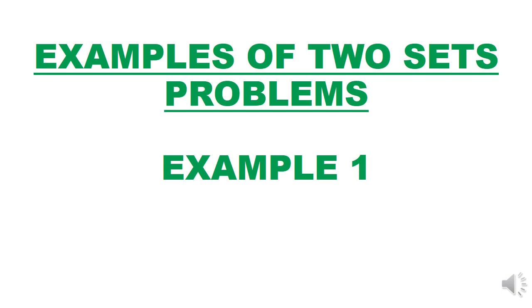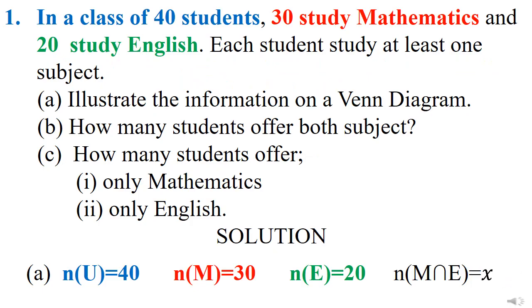Examples of two-set problems. Example 1. In a class of 40 students, 30 study mathematics and 20 study English. Each student studies at least one subject.